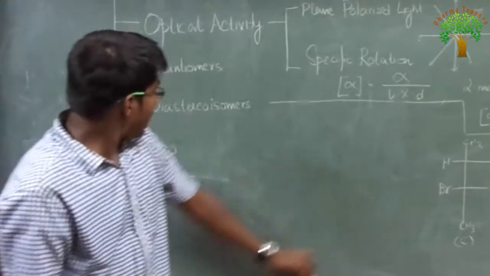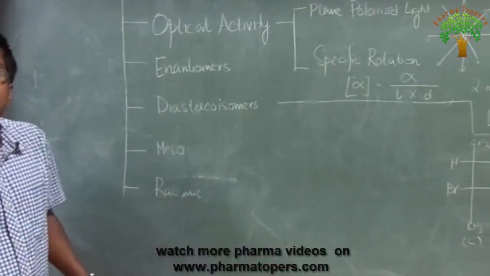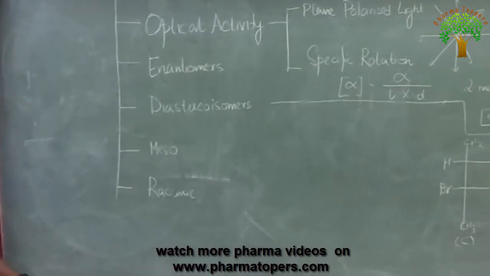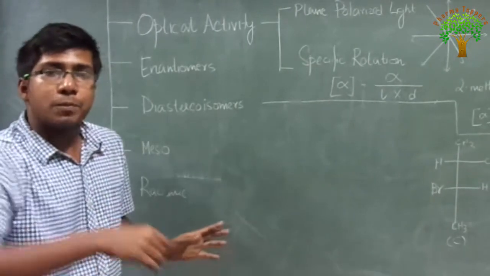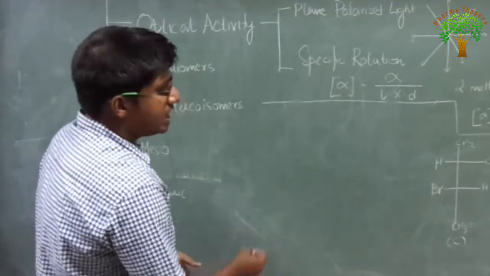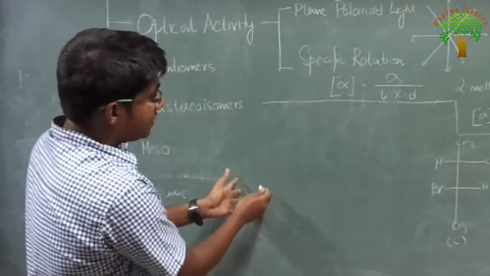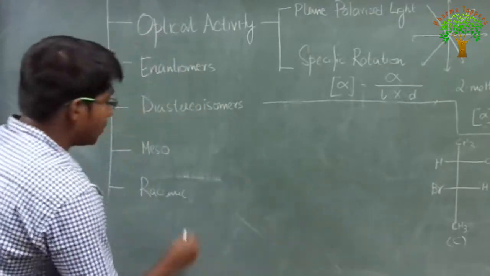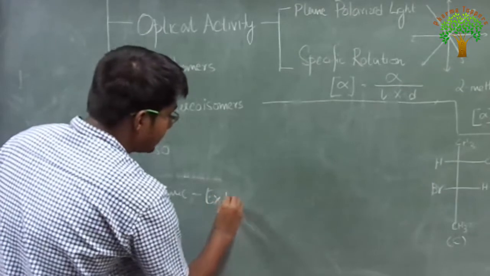We have another case where we see racemic mixtures. Racemic mixtures are those where there is an equal proportion of both enantiomers. If we have a compound with an equal proportion of one enantiomer and the other enantiomer, those are known as racemic mixtures. This is also known as external compensation.